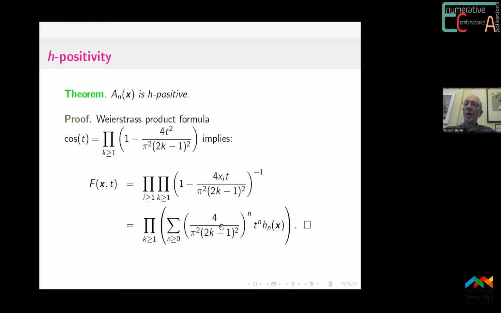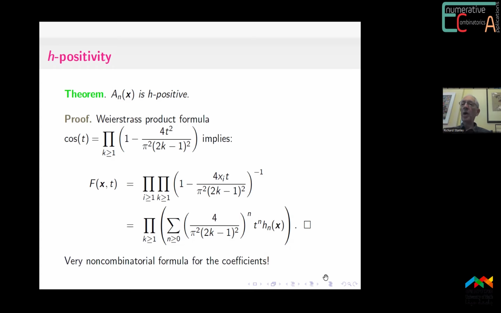We're going to get 4 over pi squared (2k minus 1) squared to the n, and then the product over i is going to produce an h_n of x. So here's a formula for f of x, t in terms of the complete symmetric functions. Everything is positive. h lambda is a multiplicative function. It's just the product of certain h_i's. And so when we expand this out, the product of h lambda will be non-negative. So that's the proof.